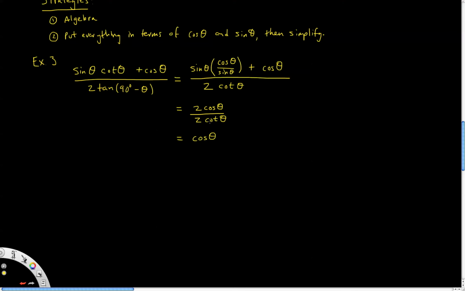Now, cotangent is cosine over sine, so if I want to change this into multiplication, I'm going to flip the denominator into sine over cosine, and then I notice that the cosines cancel out, and I'm left with sine of theta. So this whole expression simplifies down to sine of theta. And that shows you an example of using a cofunction relationship. And that takes care of this screencast.